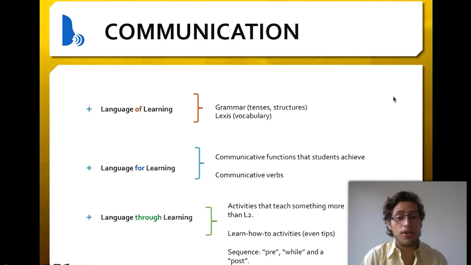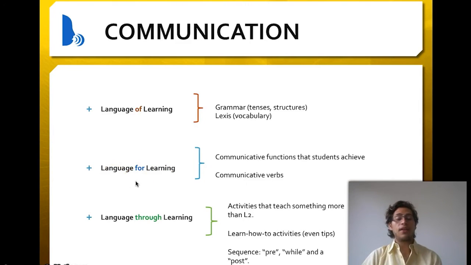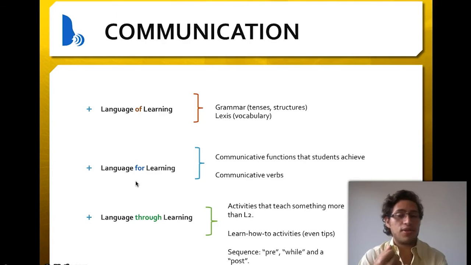Language for learning, the second one, the one in blue. Here we are placing all of the actions that students carry out by using language. Here we need to ask ourselves, what are those communicative functions that students achieve by speaking in English or by writing in English? That means by communicating in English.